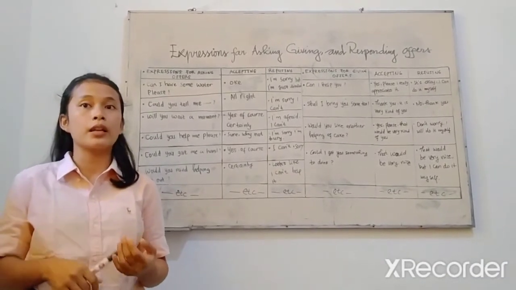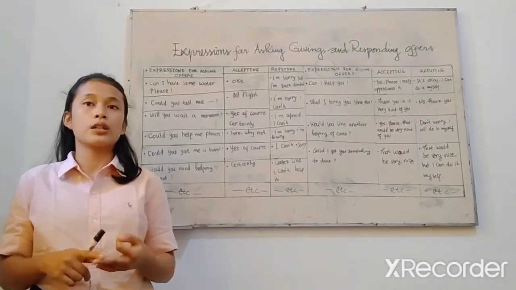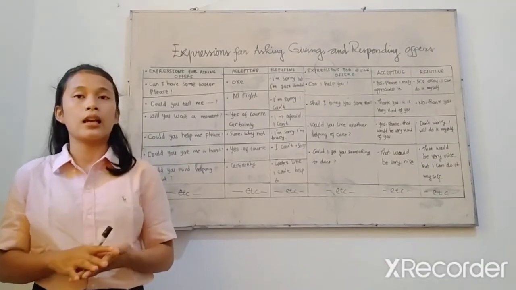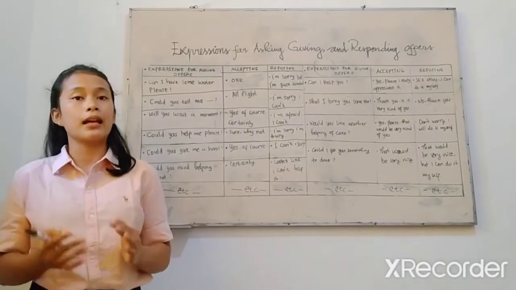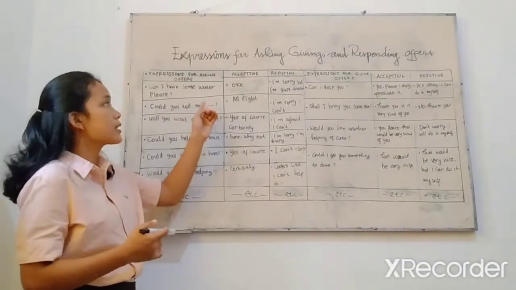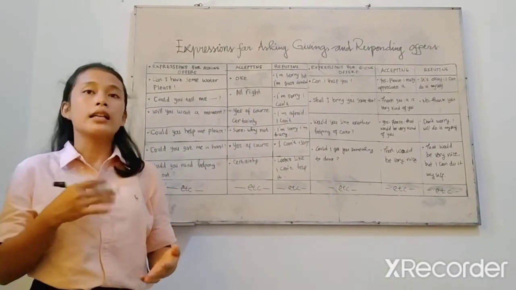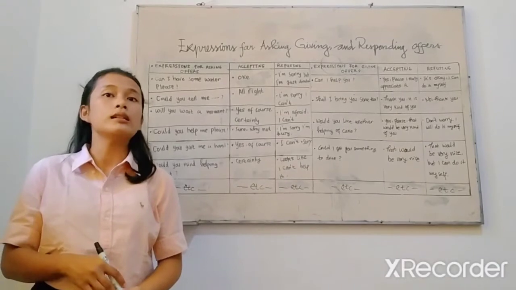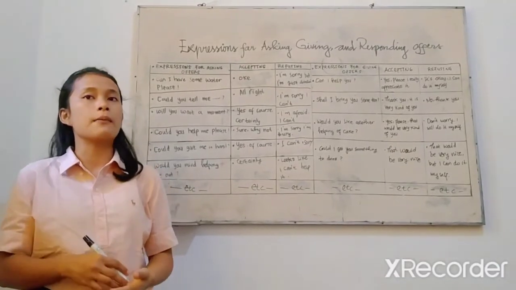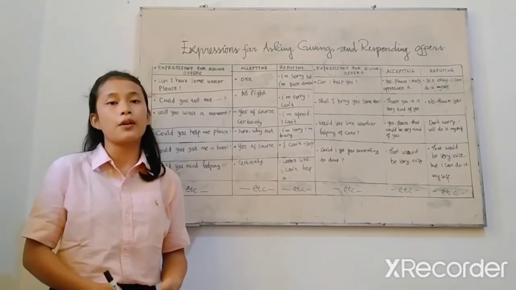It can be given in terms of food or maybe money, solutions, services, or anything, which can be taken or refused. So the expressions for asking, giving, and responding to offers are the expressions used to give something physical or abstract to someone, which can be taken or refused.